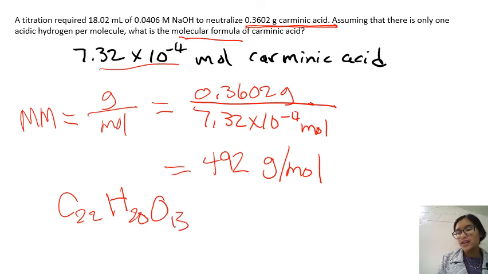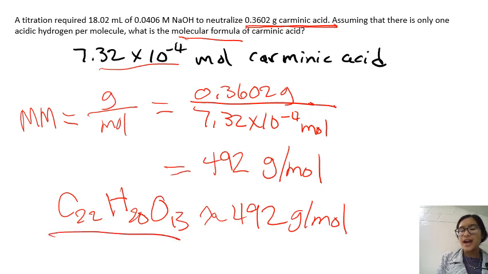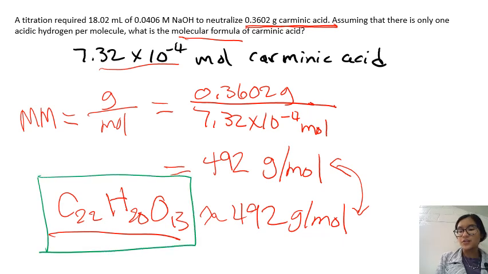Now, if you went ahead and calculated the molar mass of this, 22 times 12.01, 20 times 1.008, plus 13 times 16, you would end up with something right around 492 grams per mole. What that means is this empirical formula is also the molecular formula because these two things are the same. So our final answer is C22H20O13.